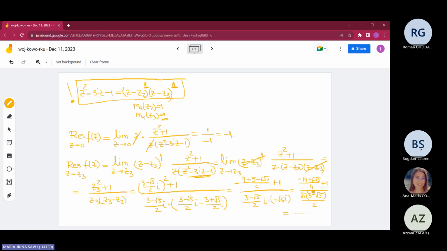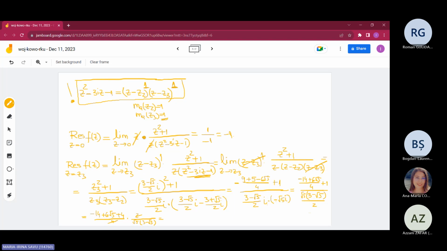No, I think that this is 1. Let's make the computations till the end here, because I have the impression that this is 1, so the sum is 0. Otherwise, it is something which is wrong. So let's take a look at this one. So we have here (minus 14 plus 6 square root of 5 plus 4) over 4 times 2 over square root of 5 times (3 minus square root of 5).